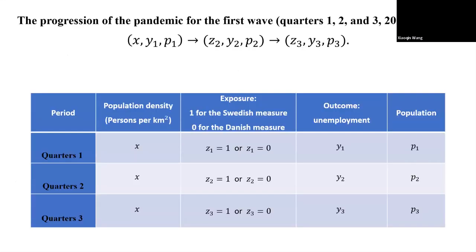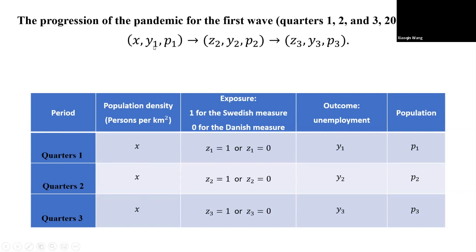For the progress of the pandemic in the first wave, I divide the first wave into 3 quarters, quarters 1, 2, 3 of 2020. During quarter 1, I have the population density here. I only consider population density.